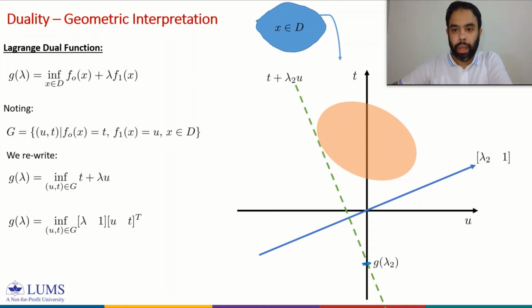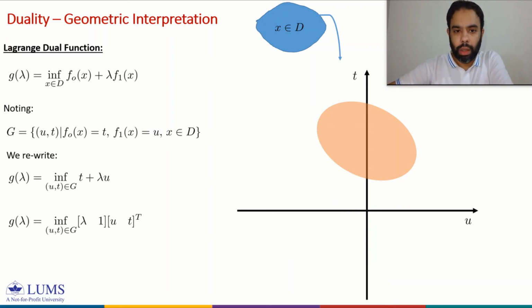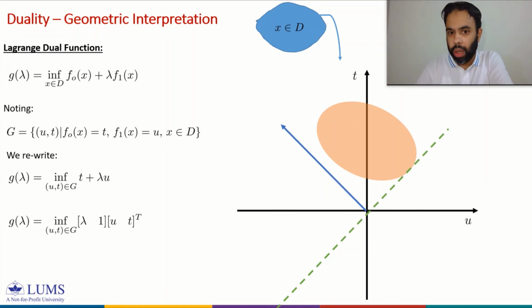Okay, so maybe we take another point. So now we take a point in the second quadrant. Previously we took 2 points, and for those 2 points lambda was positive, right? So here we take lambda as negative.